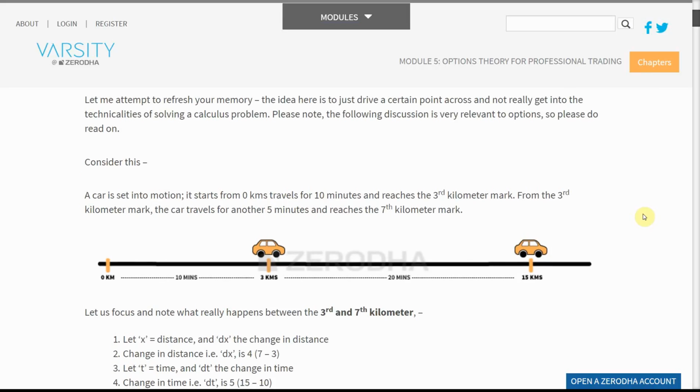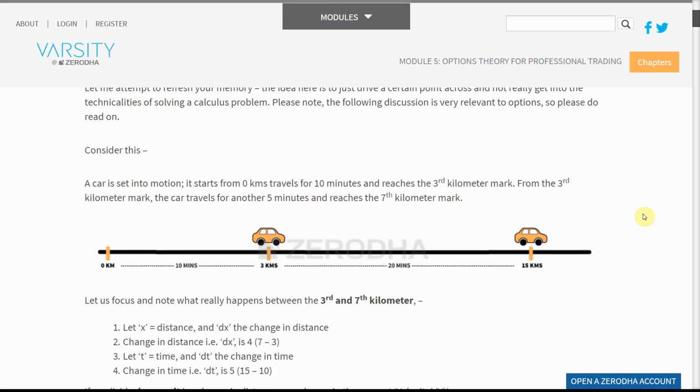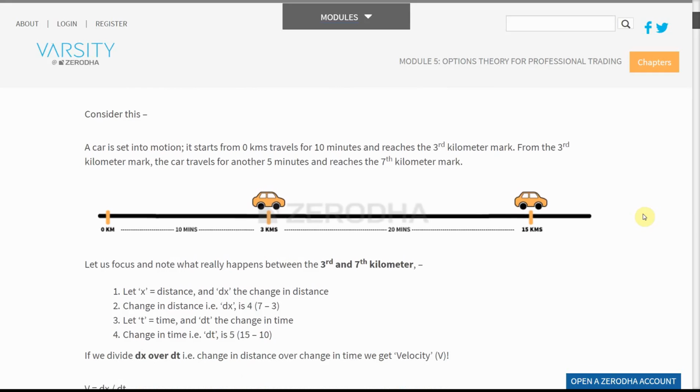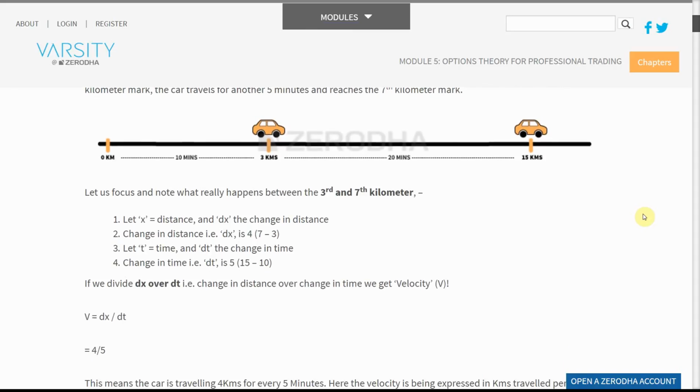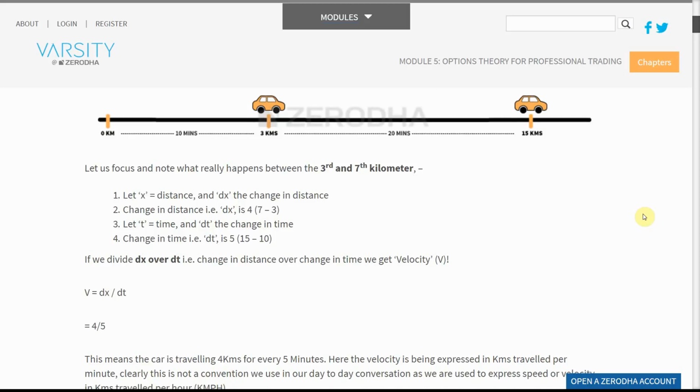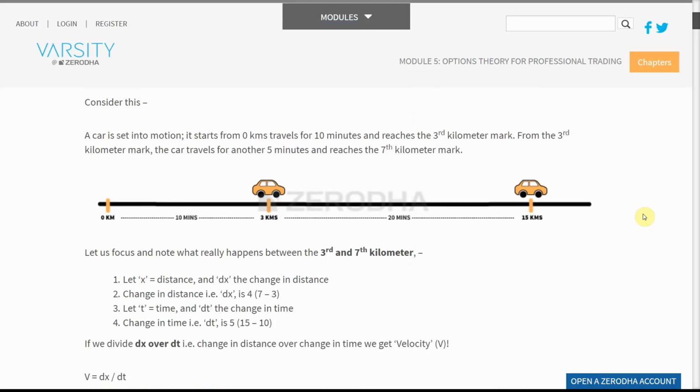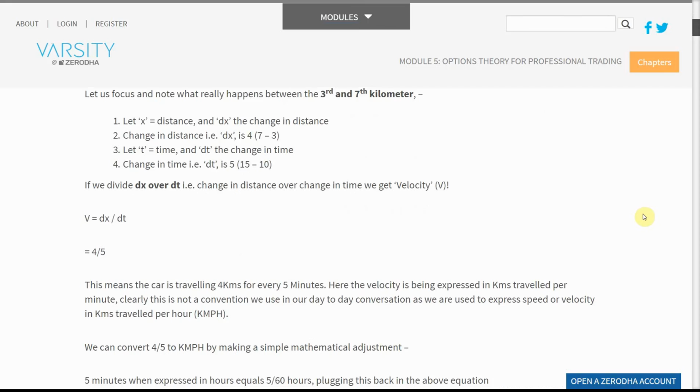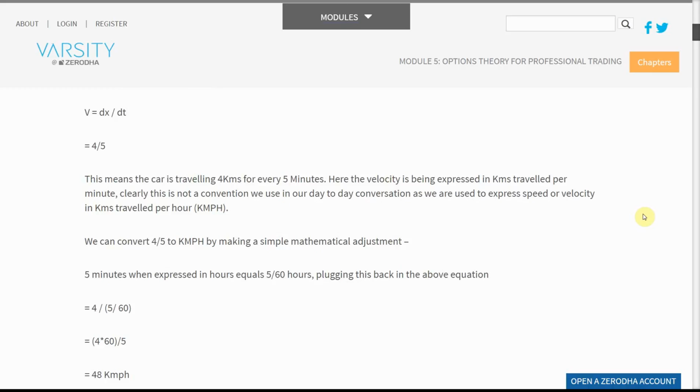Plugging this back in the above equation, we get 4/(5/60) = 4 * 60/5 = 48 kmph. Hence the car is moving at a velocity of 48 kmph, kilometers per hour. Do remember velocity is change in distance traveled divided over change in time. In the calculus world, the speed or velocity is called the first-order derivative of distance traveled.